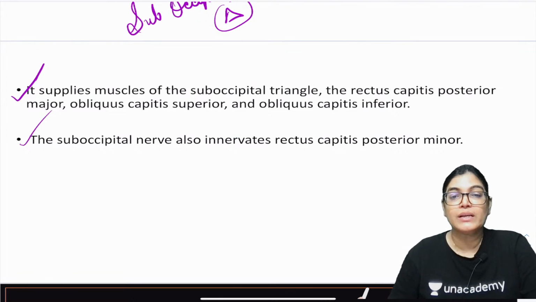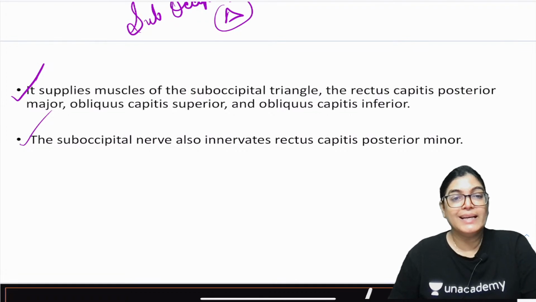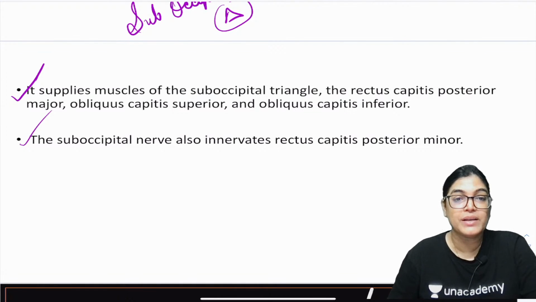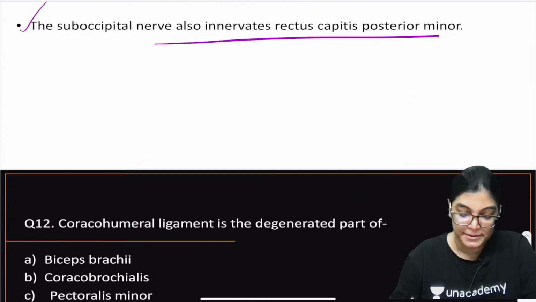All of you please note down, suboccipital nerve also innervates rectus capitis posterior minor.